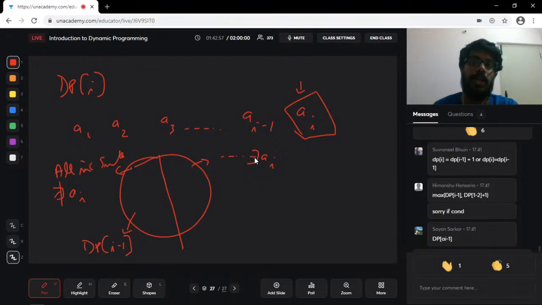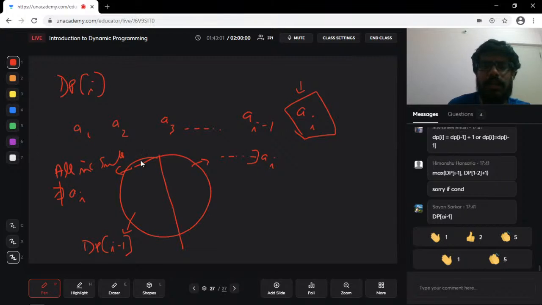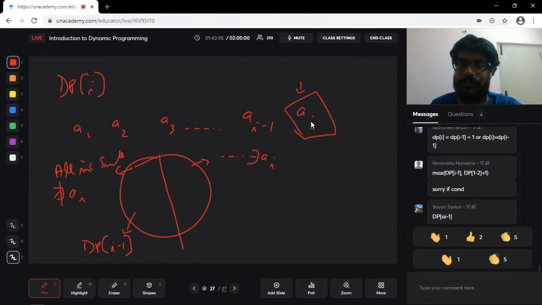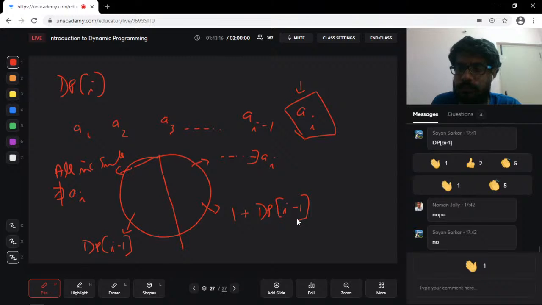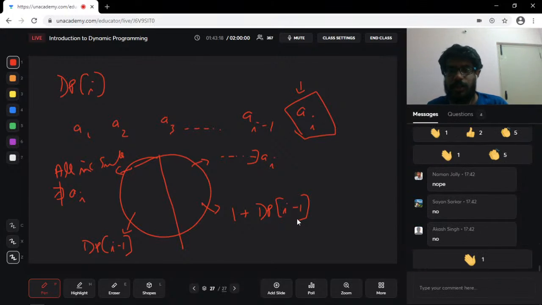So now what I would ideally like to say is I want to take dp I minus 1 and do a plus 1. But will that work? Can I say that the longest here is 1 plus dp of I minus 1? Why not, Shayan, Akash? Where am I going wrong?